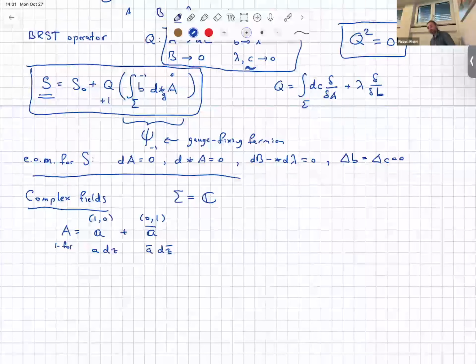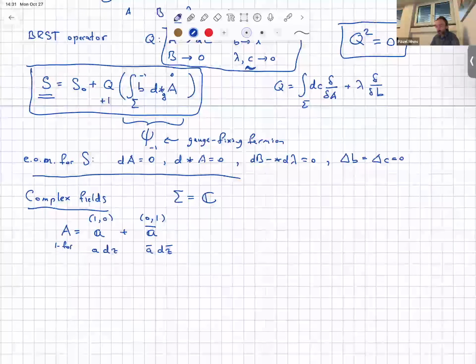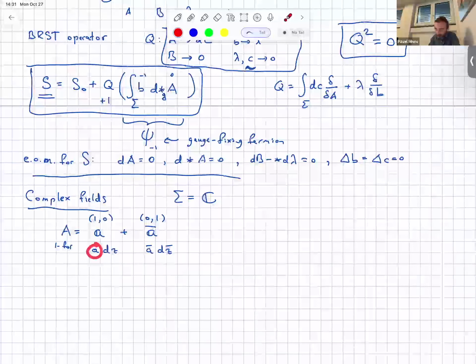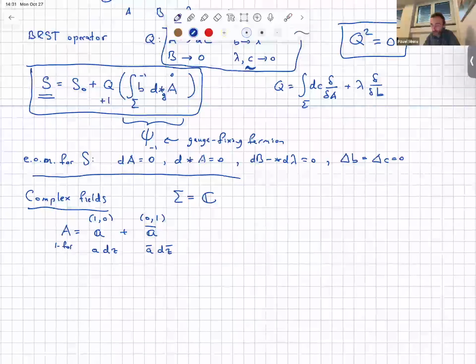So z and z bar are standard complex coordinates. And then my little a and little a bar are scalars. So they're scalar fields now. And fat objects, they are one form valued fields.